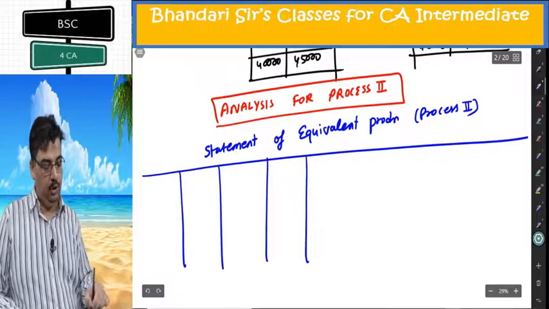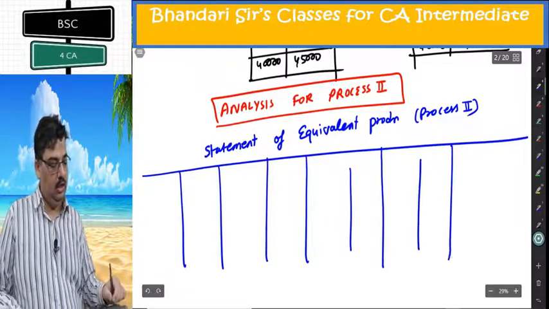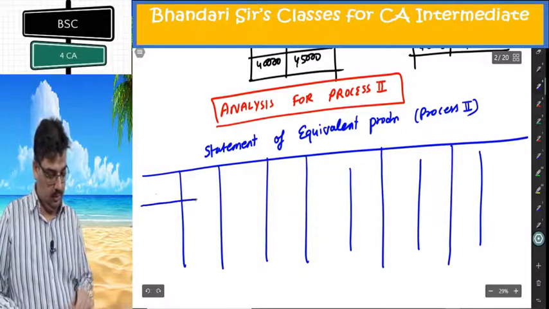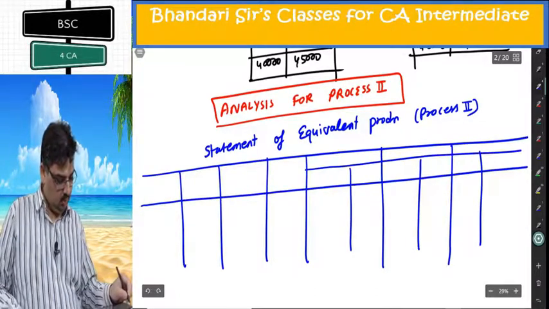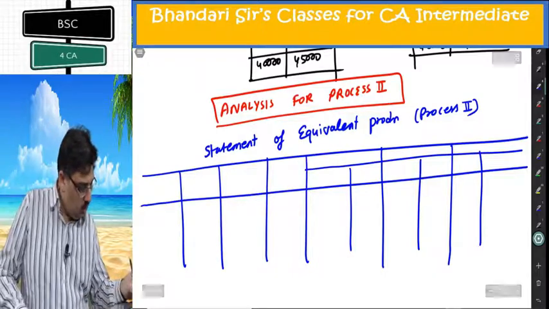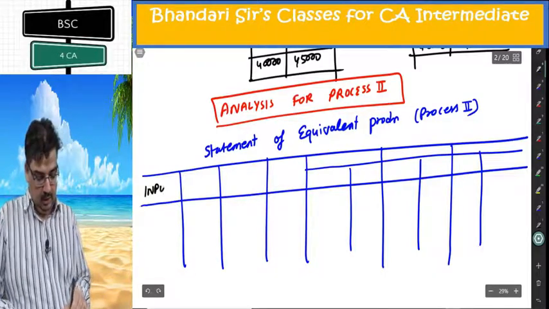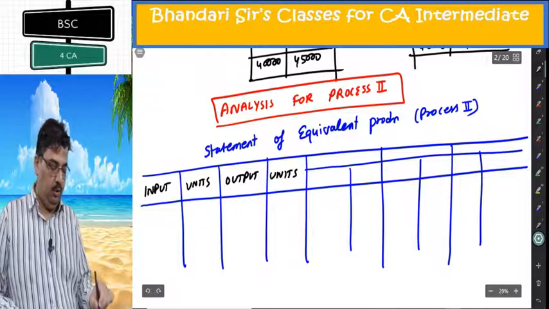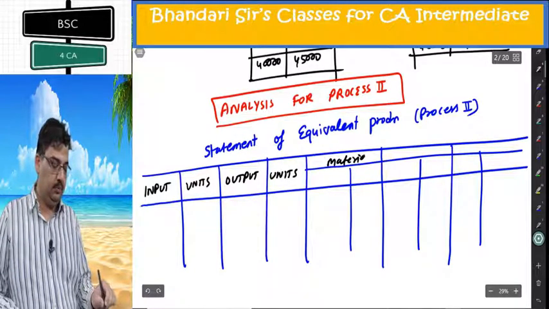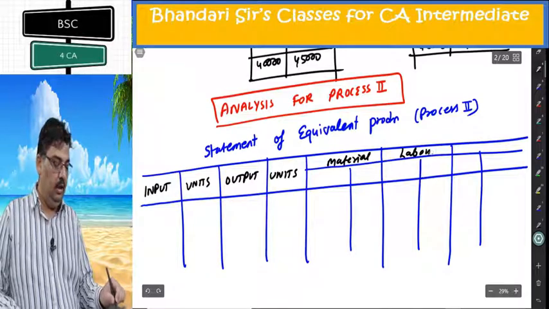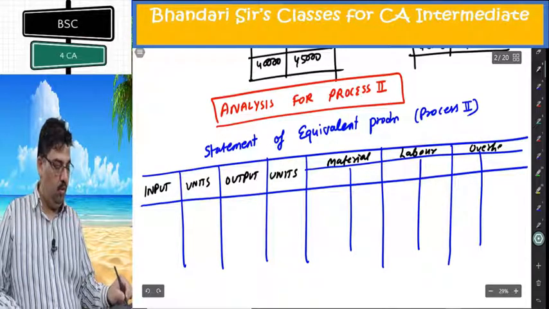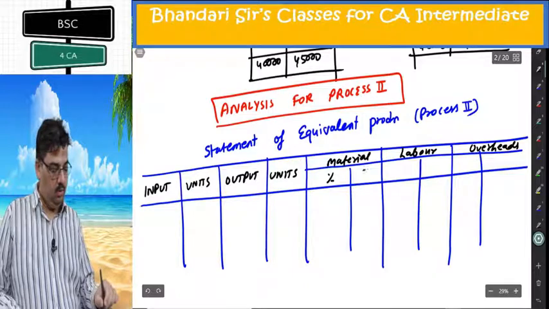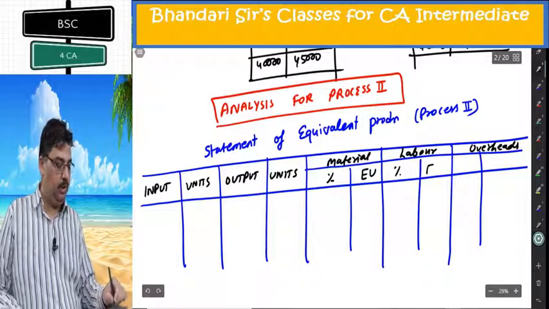Input units, output units, material, labor, overheads. So what you are putting there? Input units, output units, material, labor, overheads, with percentage and equivalent units for each.